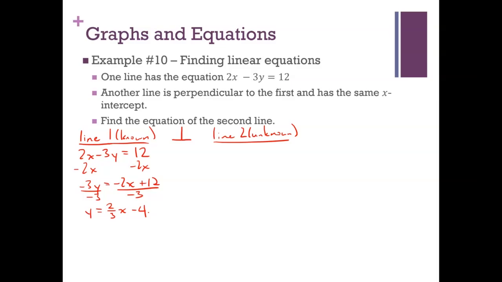So what can we do with what we just found? So this slope right here is 2/3, which means the slope of our unknown line is negative 3/2.